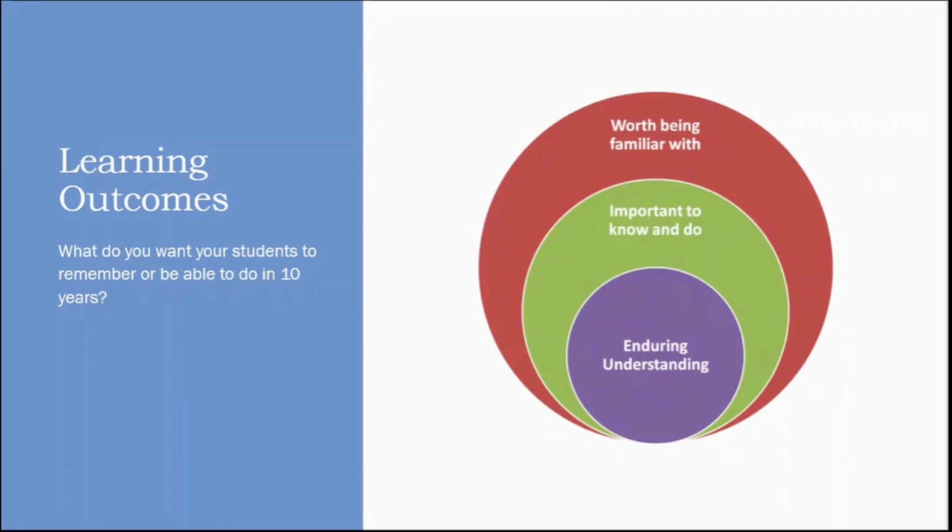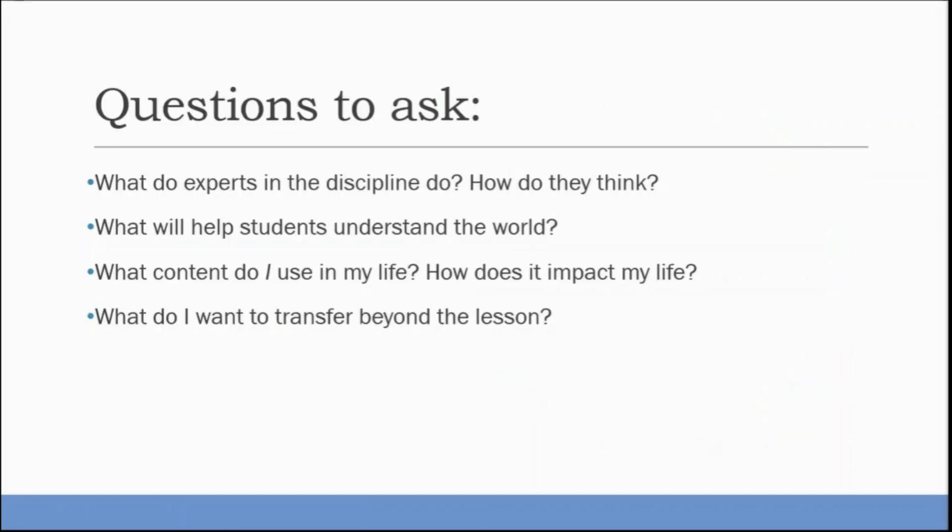So some questions to ask as you start considering learning outcomes: what do experts in the discipline do? What ways do they think in? What can help students understand the world? What do you actually use in your life? How does it impact your life? And what do I want to go beyond this lesson? You know, what needs to be there in 10 years?